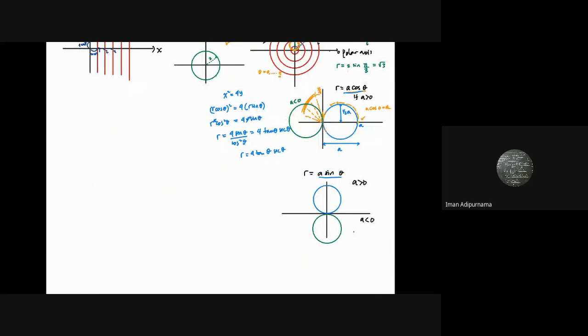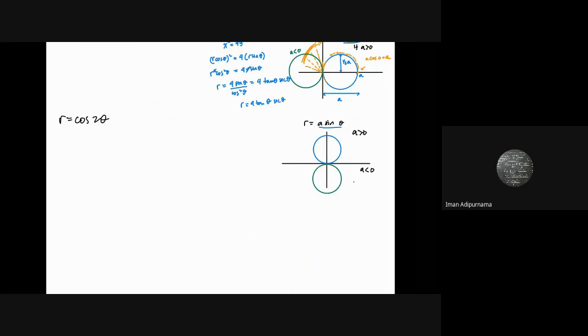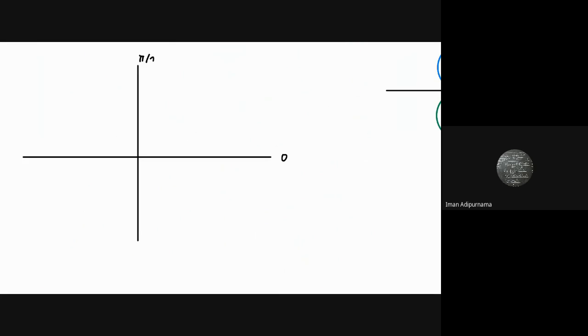The second type is we call the, let's write r equals a cos 2 theta. This is how it looks like, and you need to learn how to draw this. So this is 0, this is pi over 2, pi, and 3 over 2 pi.